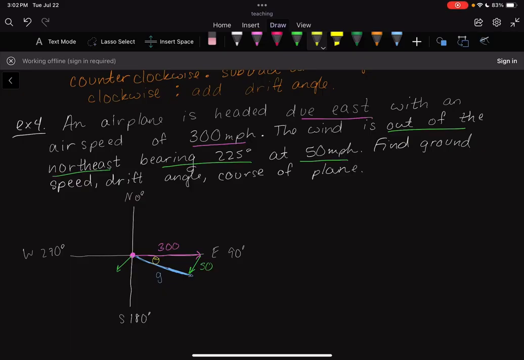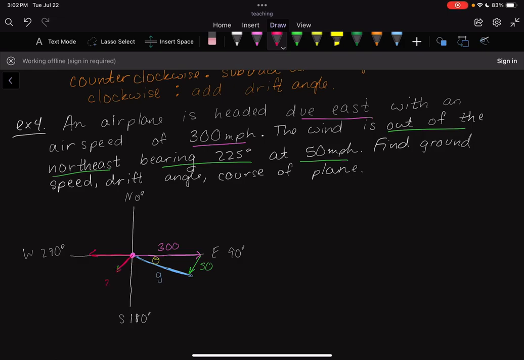And so we have a triangle, but we only have two pieces of information right now. We have to find the angle between where the plane was trying to go and the wind. To get that angle in this case, we're going to use a kind of reference angle. If you look here, this is straight horizontal.